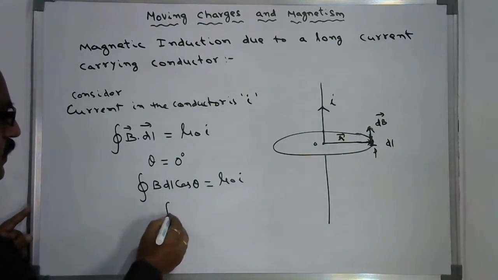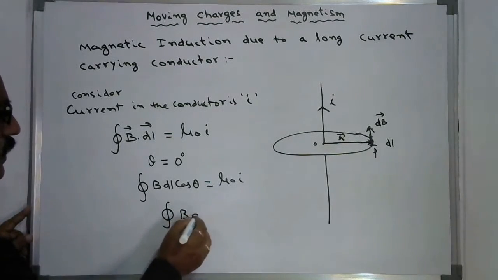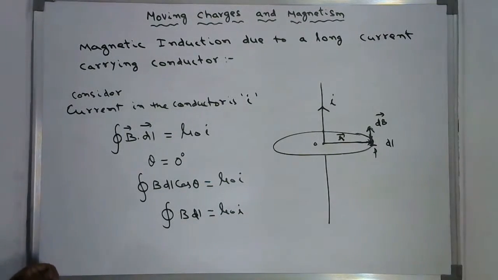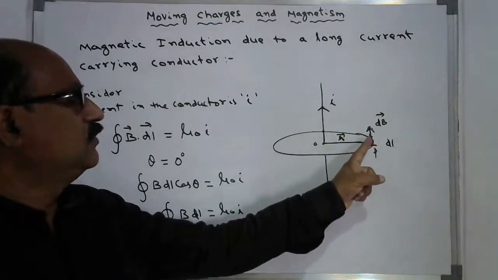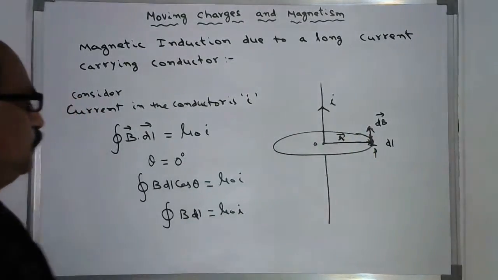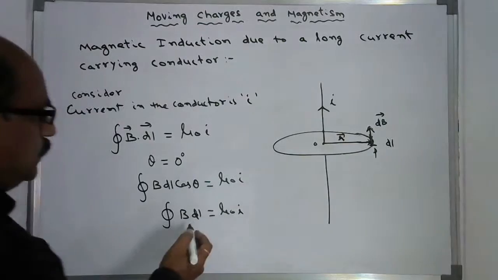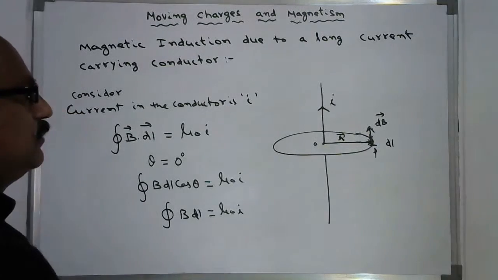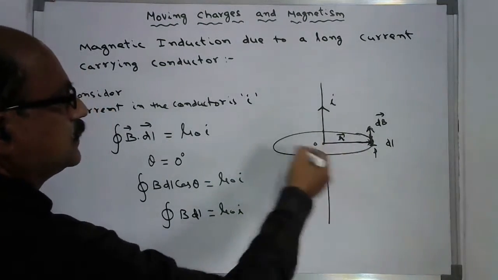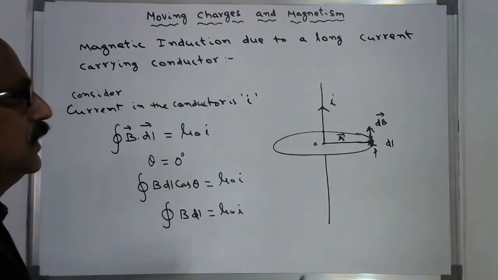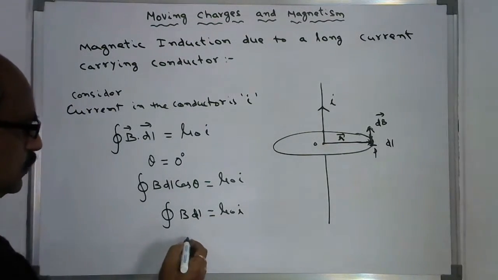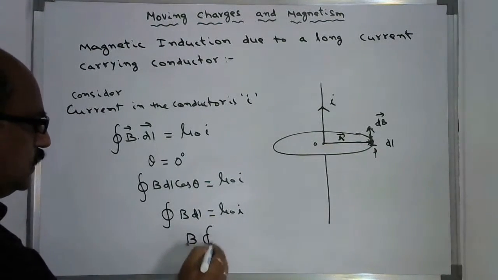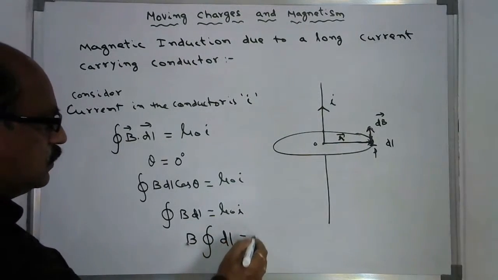So closed integral B dl is equal to mu naught I. In this case, since dl, the small element, is in the direction of B, B and dl are parallel to each other everywhere on the same plane. Now you can write this as B closed integral dl is equal to mu naught I.